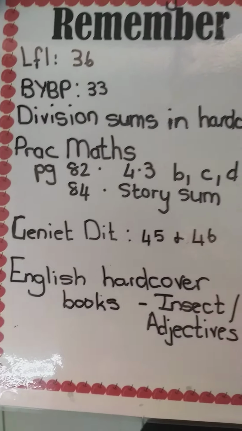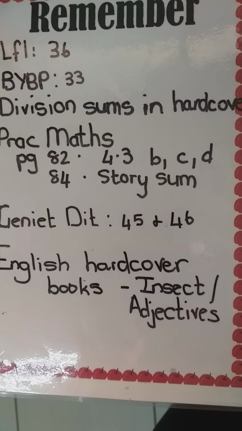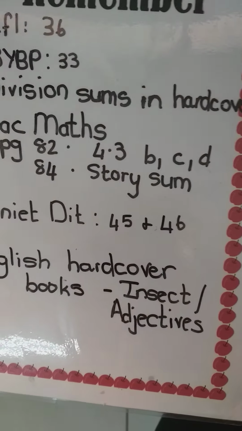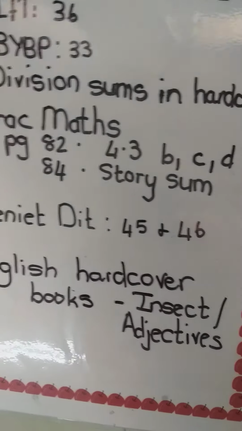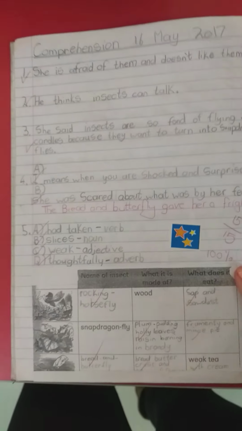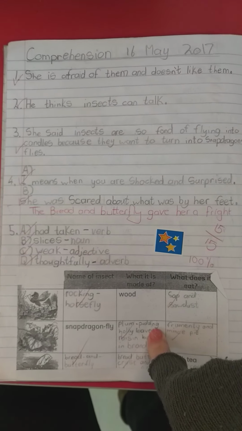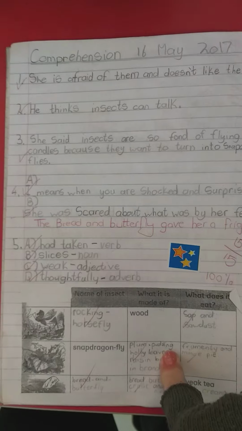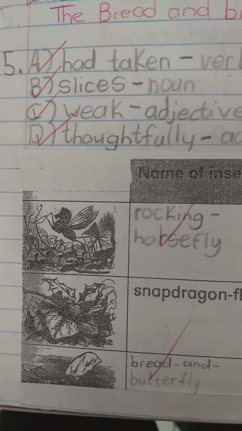Then in our English hardcover books, we're going to do an insect and describing words, adjectives. Yesterday we did a comprehension, and the story came from Through the Looking Glass, which was a follow-on book to Alice in Wonderland. You learned about all sorts of weird and wonderful creatures or insects.